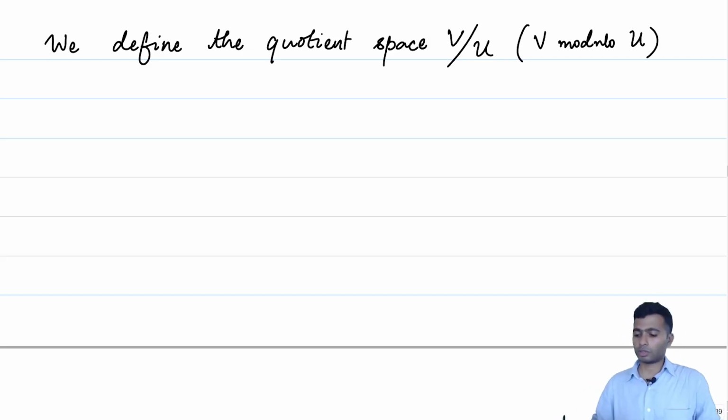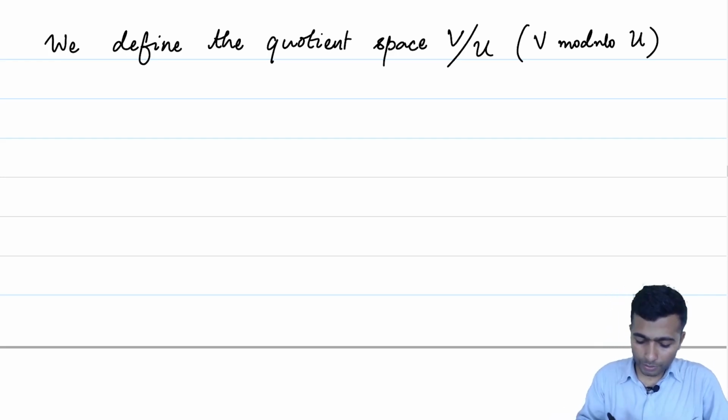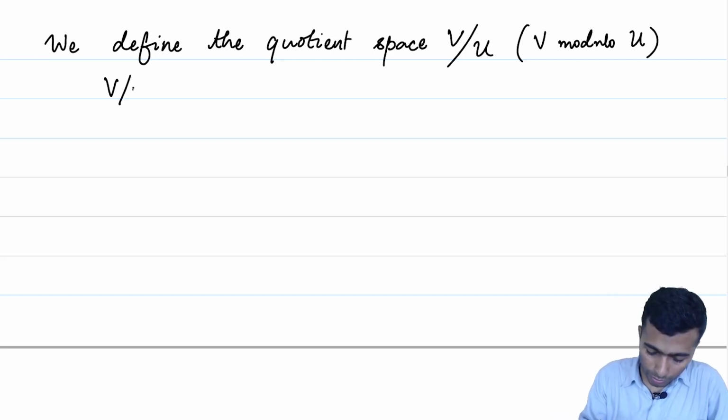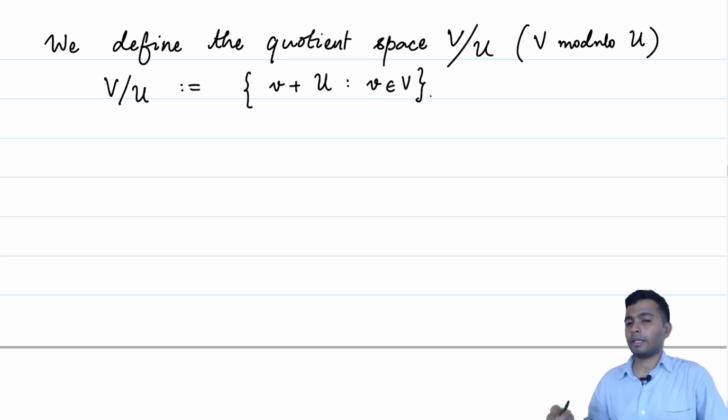V modulo U, that is what the terminology is pronounced as or called. We define the quotient space V mod U to be the set of all v plus capital U such that v is varying in capital V.